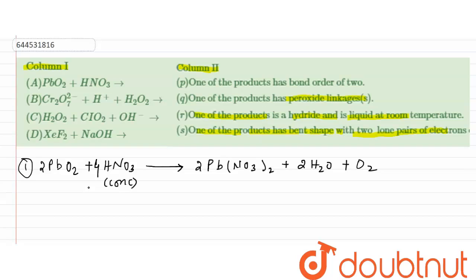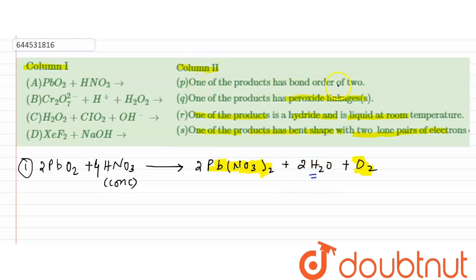Now the equation is balanced. So in this equation you have the product as oxygen, you have the product as lead nitrate Pb(NO3)2, and you have product as water also. Now let's see among column 2 which is correct.